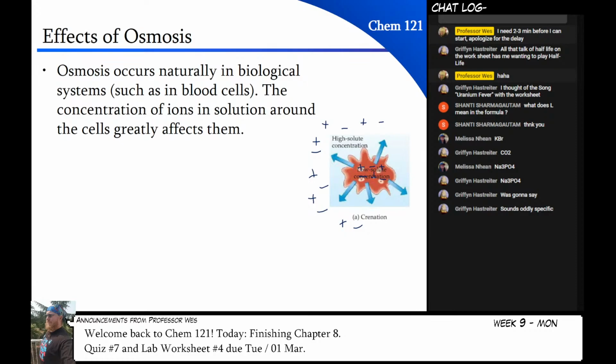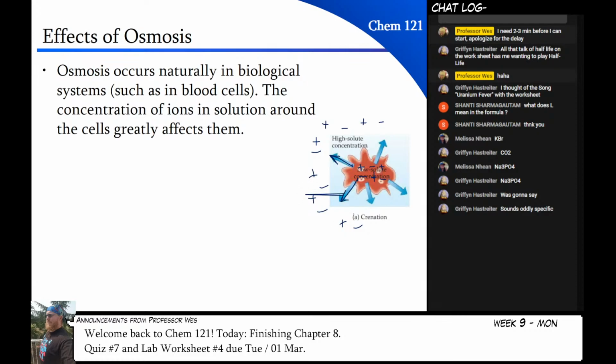Inside the cell are ions. But if there are not as many ions per unit volume as there are outside, water is going to say, oh, hey, it's too concentrated out there. I want to make everything homogeneous. And so all the water will then come out of the cell.